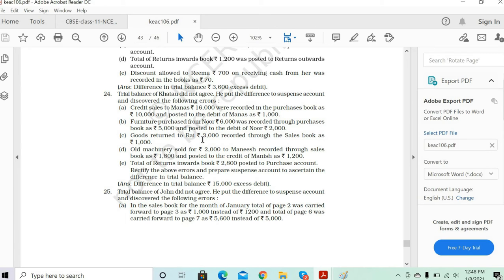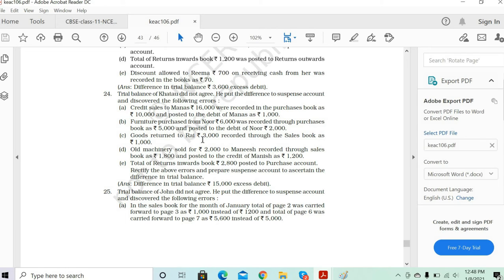What does he mean here? When it says posted to the credit of Manish as 1,200, that means he is buying on credit. So ideally 1,200 is going to be debited from the Manish account.